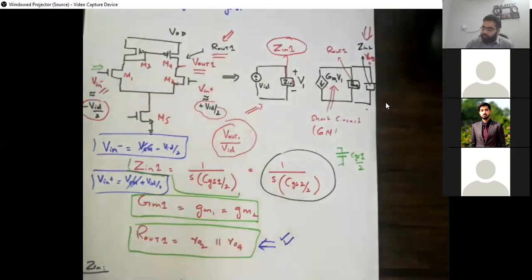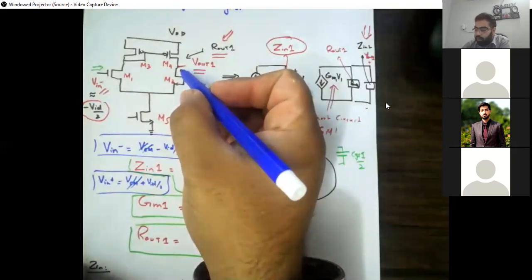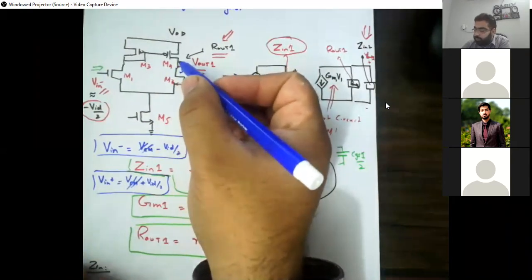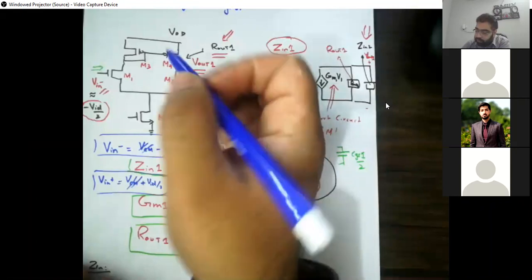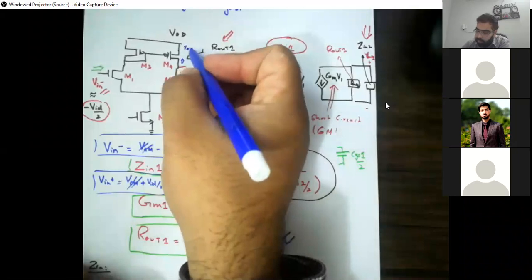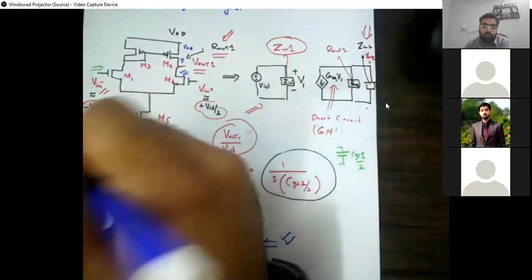Why? Because if you just see this point here, from the down side it is RO2, we all are comfortable. But the up part is not going to be something which is depicted here. So this one is, let's say, RO4 here. But if you see the impedance from this node, it's not going to be RO2.